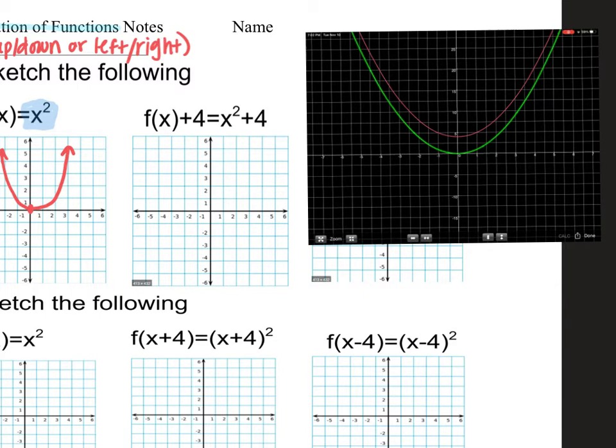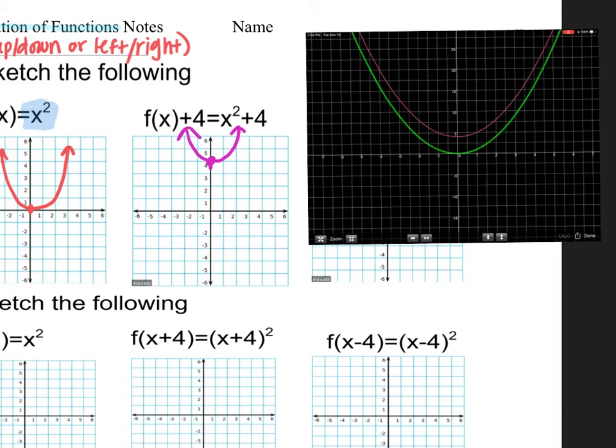So it's up right below the 5. So we're going to go up a little bit, and we did this one in pink. Up a little bit to around here, and then I'm going to draw a U.